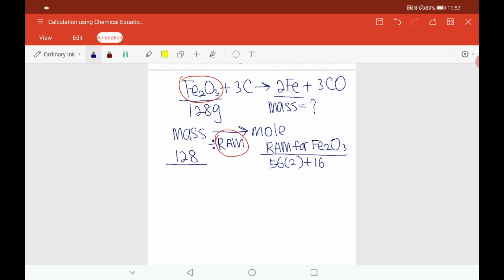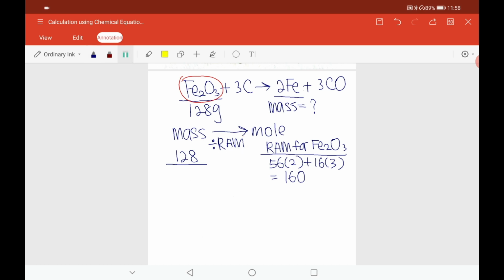Oxygen is 16 and we have 3 oxygen, so times 3. We add everything together, and it's 160.